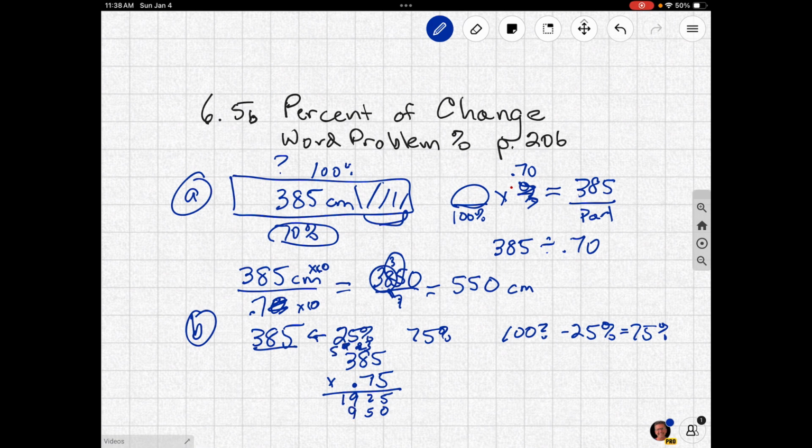Put a 5 there. 3 times 7 is 21, plus 5 is 26. And I get 5, 7, 18, 8, and 2. So I get 288.75 centimeters, because I got to move that decimal point over 2 spots.